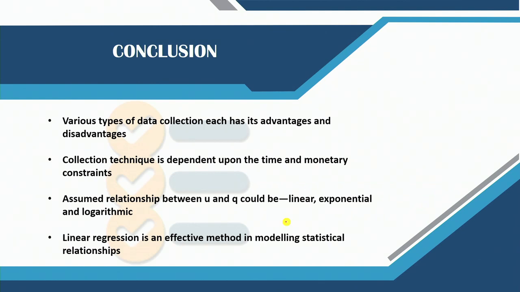So, in conclusion, what we looked at in this lecture were the different data collection techniques, and their advantages and disadvantages, from manual to automated to video data collection. They all depend on the time and money that you have for the facility that you are building, and you can use any one of those techniques.